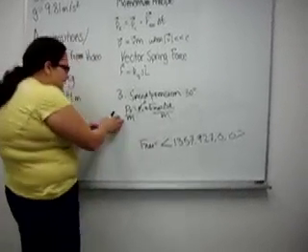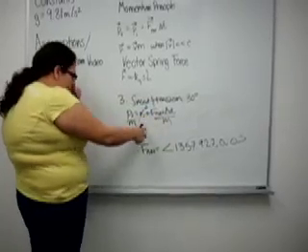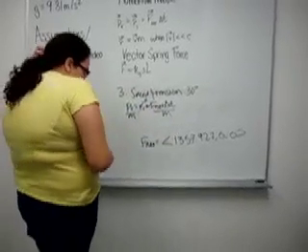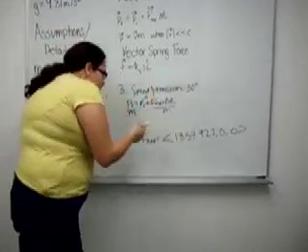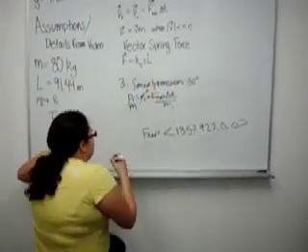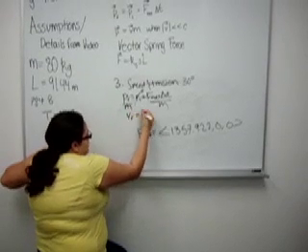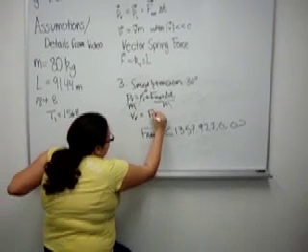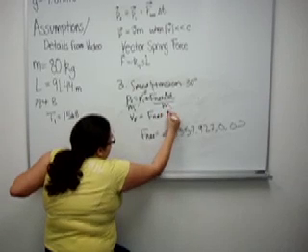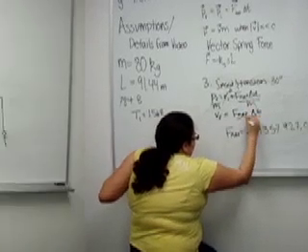Since we divide this side by m, we're going to divide this side by m as well. So the velocity at 30 degrees is going to be Vf equal to F net delta T over m.